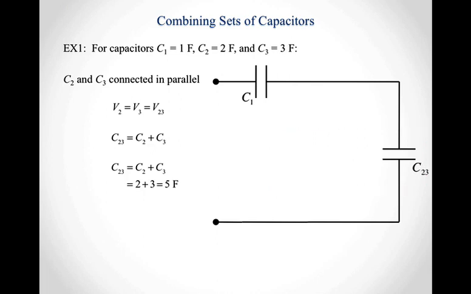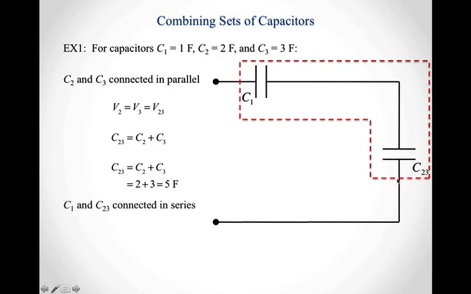So I have replaced those two individual capacitors, C2 and C3, with an equivalent capacitance that happens to have a value of 5 farads. Now I'm left with two capacitors in my circuit, and it's reasonably easy to see that those two are connected in series. There's a single pathway that you have to follow to go from capacitor 1 to capacitor 2,3 and back out.